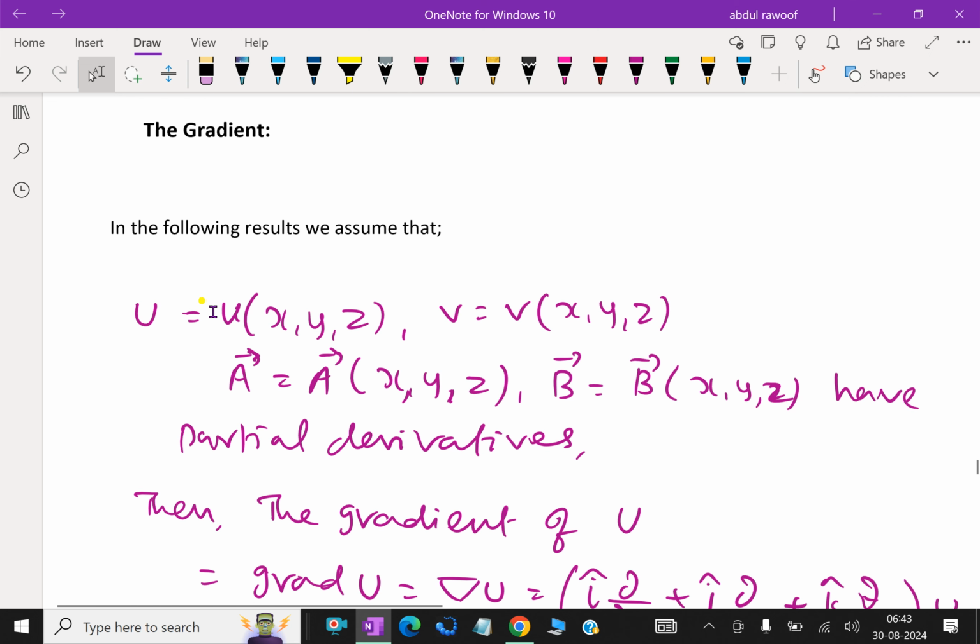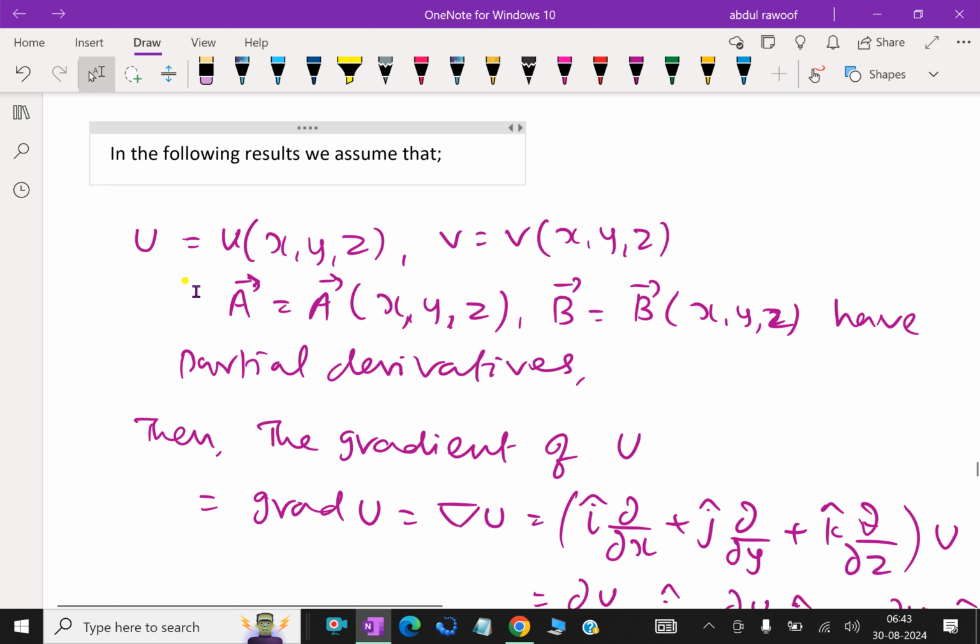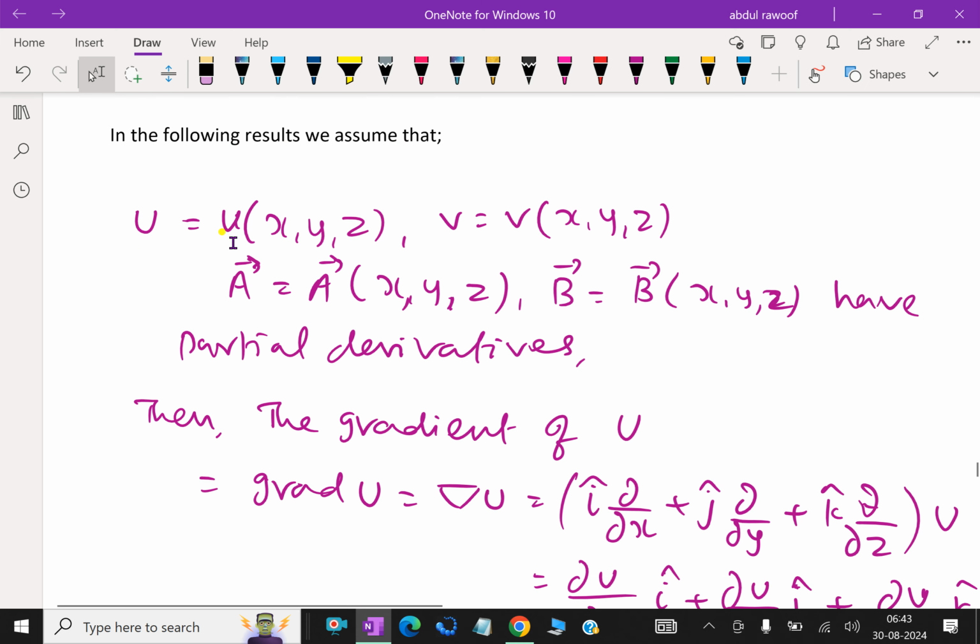Next, the gradient. For the gradient we assume that u equals u of x, y, z and v equals v of x, y, z are functions, and vector A equals vector A of x, y, z and vector B equals vector B of x, y, z have partial derivatives.